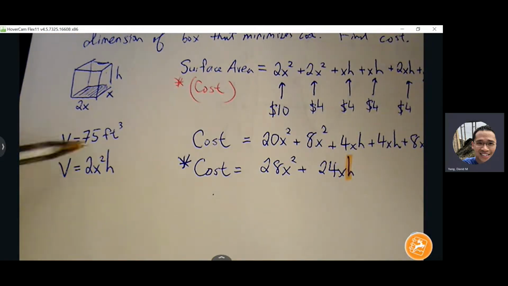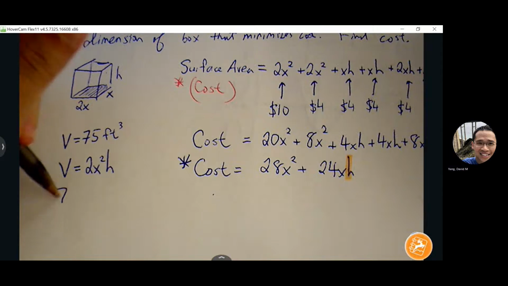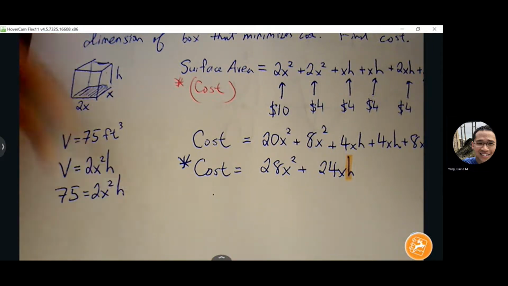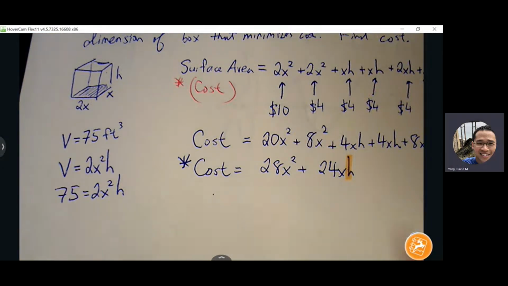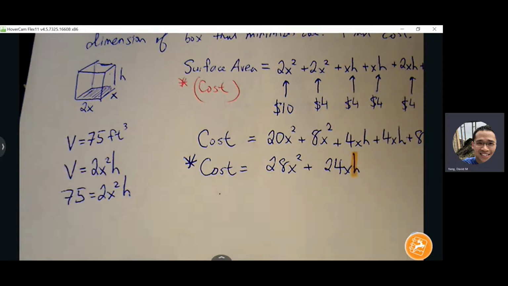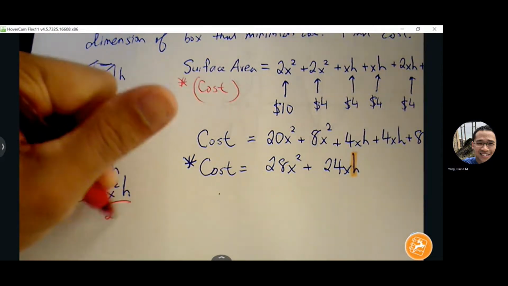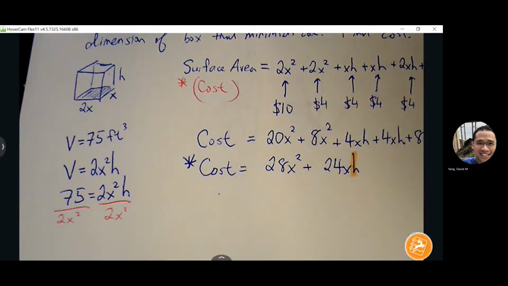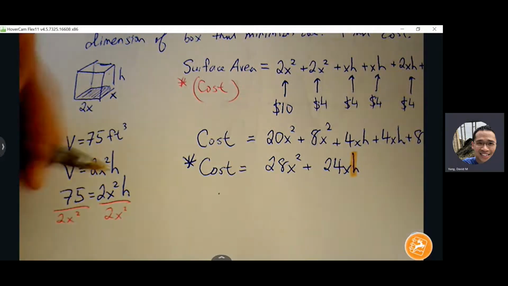Okay, we'll work in the information that we gathered from the volume. We want to solve for h so that I can make a replacement here. 75 over 2, I'm going to reduce that to be 35, or sorry, 37.5.